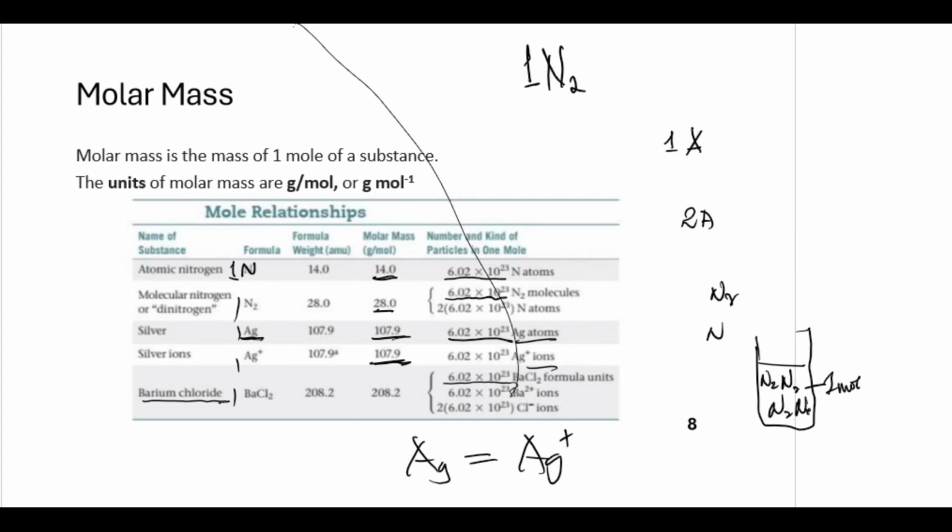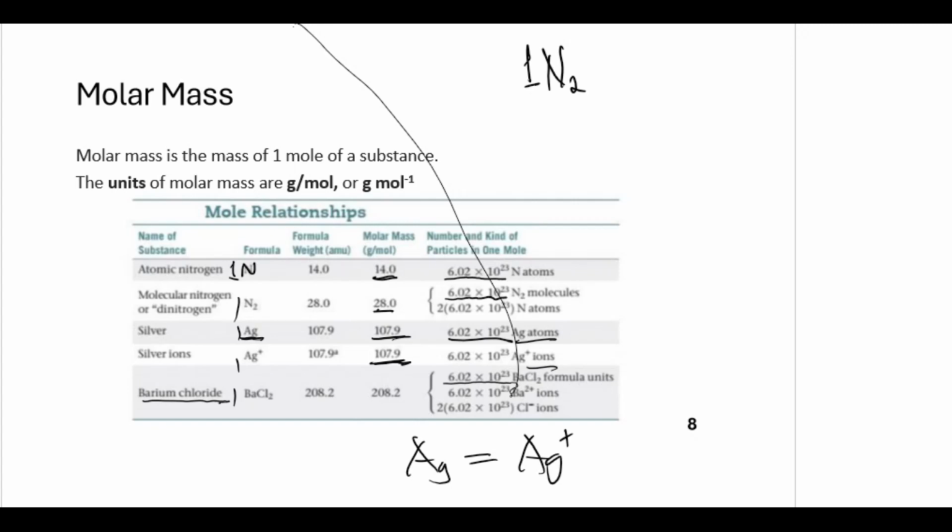But if somebody asks you, how many barium ions are there in 1 mole of barium chloride? Of course, 1 mole of barium chloride contains 1 barium ion. So, understand me right?